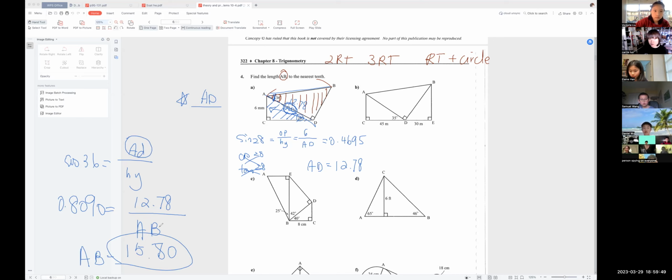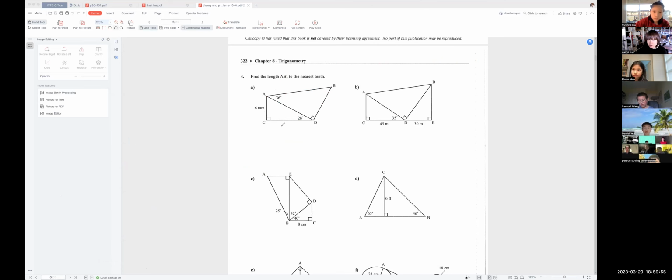Get it? So this is very important. You have to find out the common line. Like in this question, actually we can find out what is CD, what is AD, what is BD. It's not relevant. Okay, I know, Victoria. Thank you. So the most important line for this question is AD, right? Because AD is adjacent to both ABD and ACD.